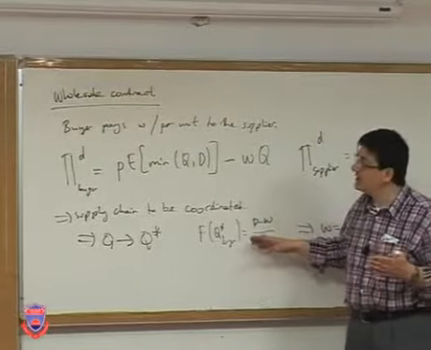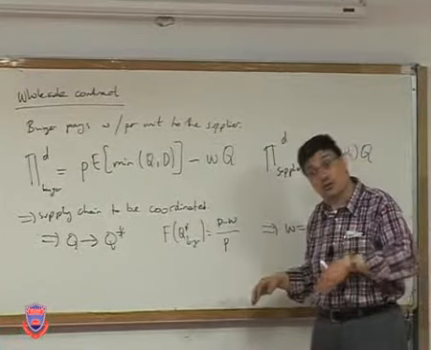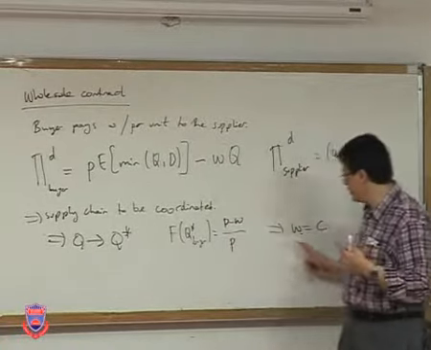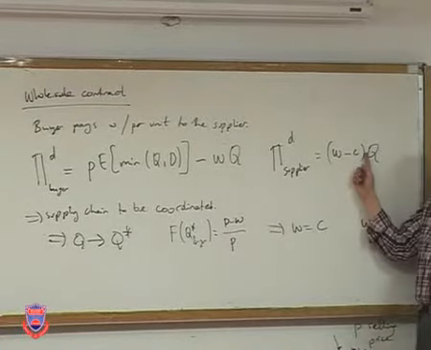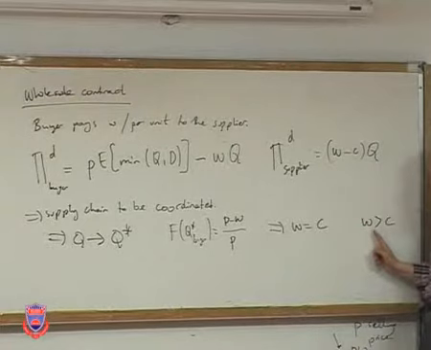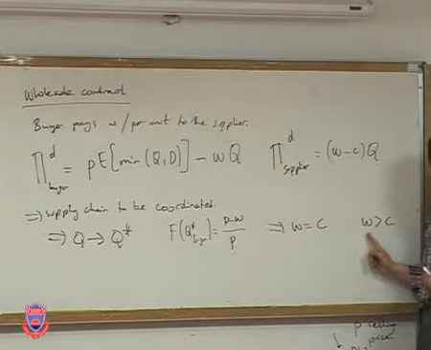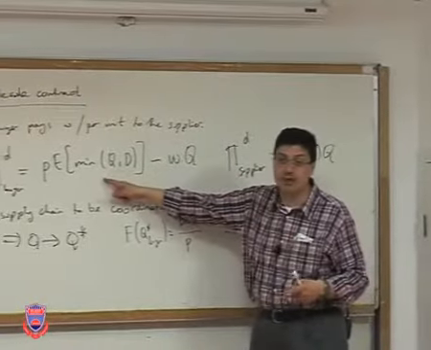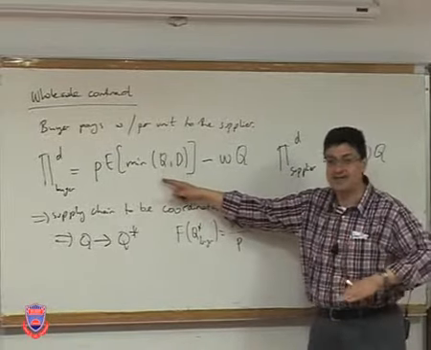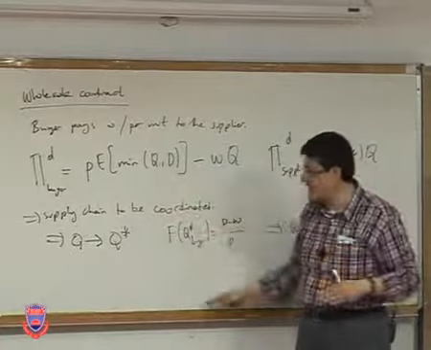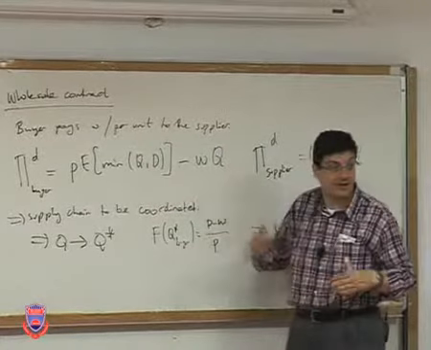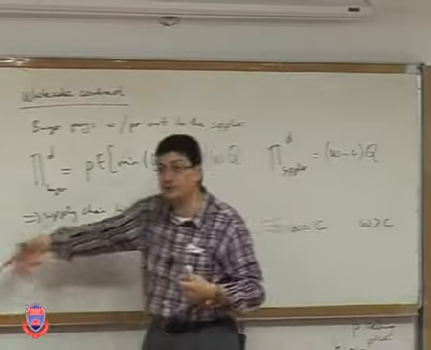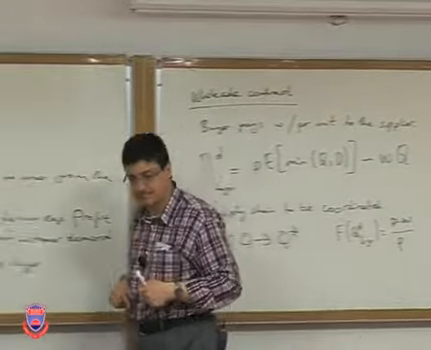In other words, the wholesale contract is going to coordinate the supply chain. However, the supplier is not willing to accept W equal to C. In general, we expect W to be larger than C. The reaction of the buyer would be to order less. And once you order less, the total profit that is available in the system is less than what is available in the centralized system.